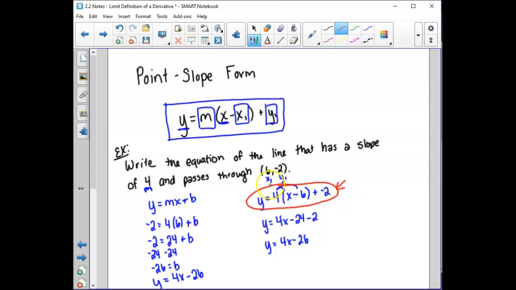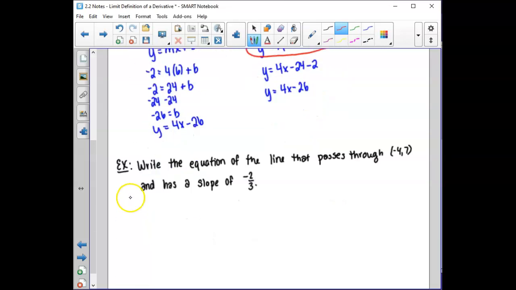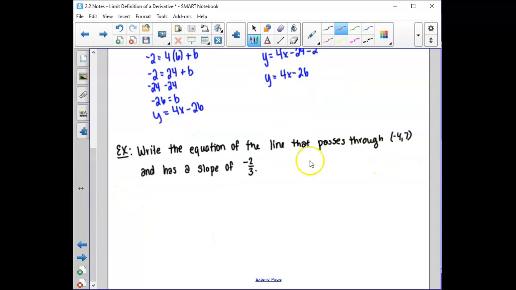So in calculus, whenever we see a problem that asks us to write the equation of a line, we're going to use our point-slope form. So we're using that y equals m times (x minus x1) plus y1. And if I plug my numbers in here, for this problem, I would just say y equals, the slope is -2/3, so I'd have -2/3 times x.